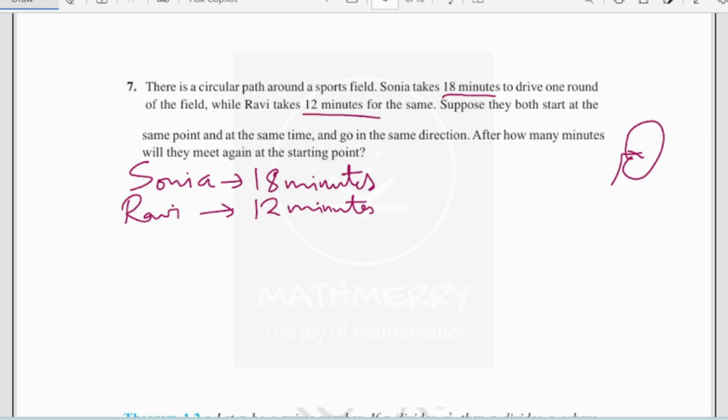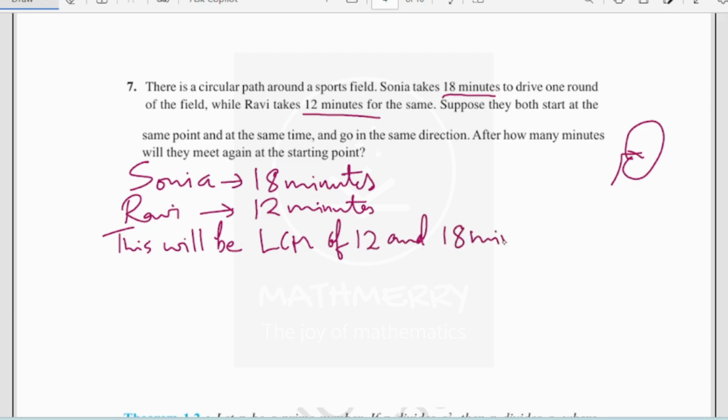So what we have to find out is the LCM of 12 and 18 minutes. These are the times taken by them to complete one round.